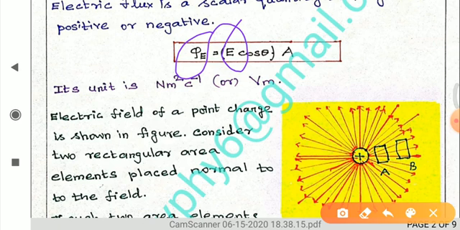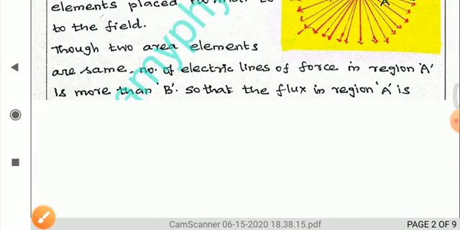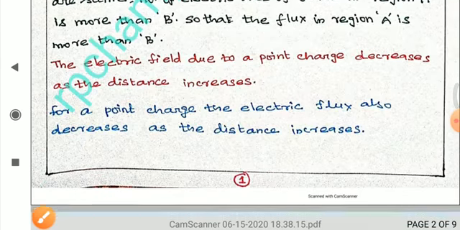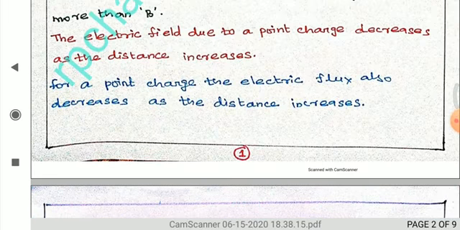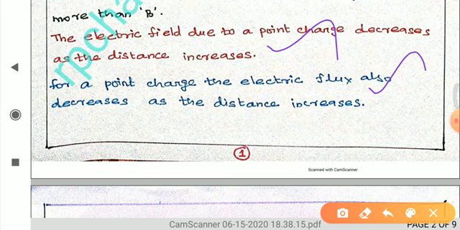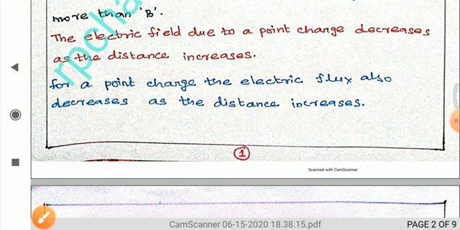If the distance is less, field is more. If distance is more, field is less. So the same property is associated with the electric flux. Okay, right. Now we can move to the next. So these are the 2 important points you have to remember in 1 mark.